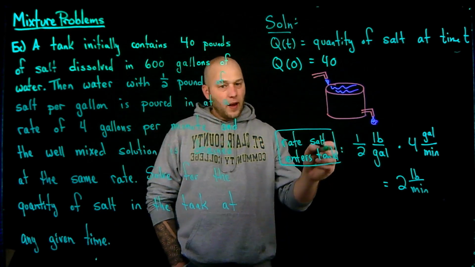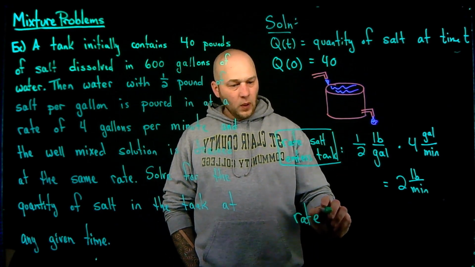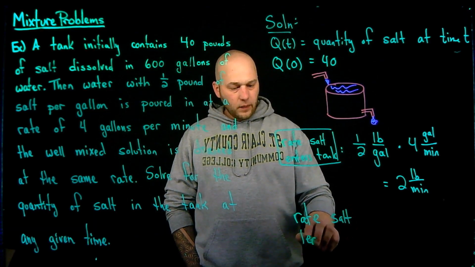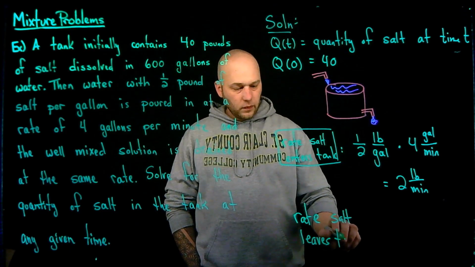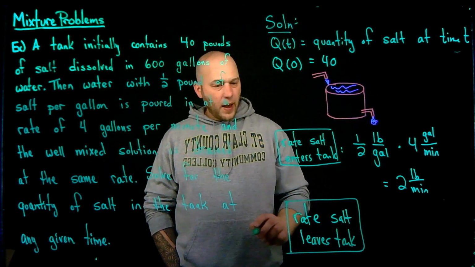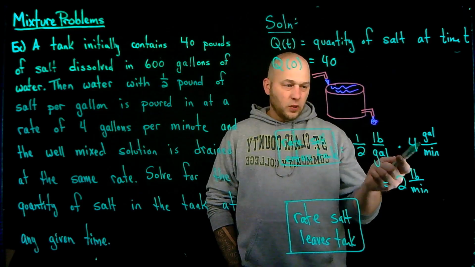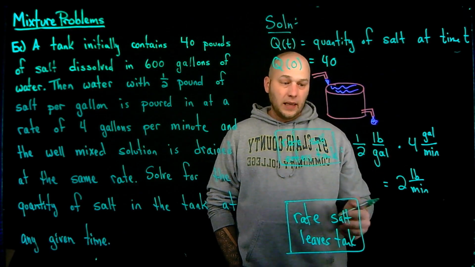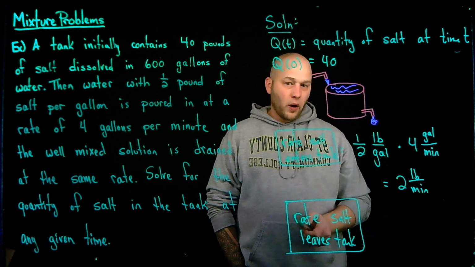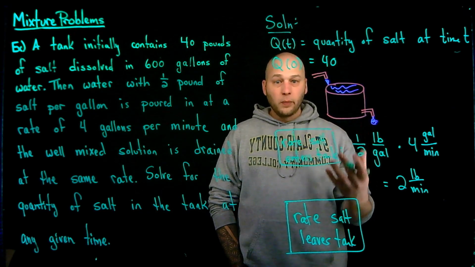But we also have water that's draining out. So what is the rate where the salt leaves the tank? If I look back at the rate that the salt enters, it's a concentration times the rate of the water coming in. So what I need is the same thing: a concentration times the rate that water is leaving the tank. Well, what's the concentration of this well-mixed salt?